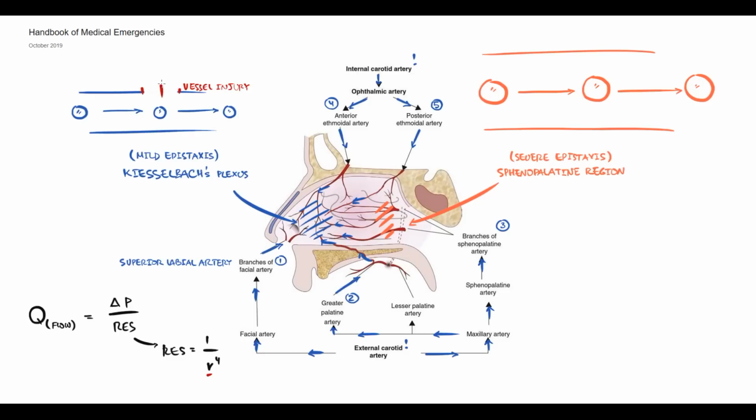And if in case of the narrow blood vessels of Kiesselbach plexus blood loss is mild, in case of the sphenopalatine region, because the vessels are large, resistance will be lower, and with decrease in resistance, blood flow increases, and higher blood flow in case of vessel injury will cause a more severe blood loss. So it's the reason why we consider posterior epistaxis more dangerous.